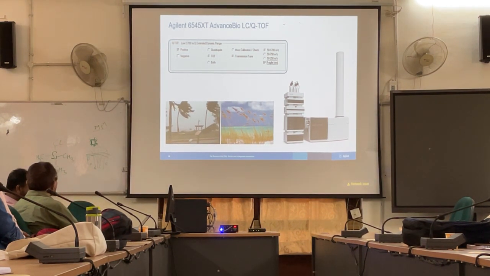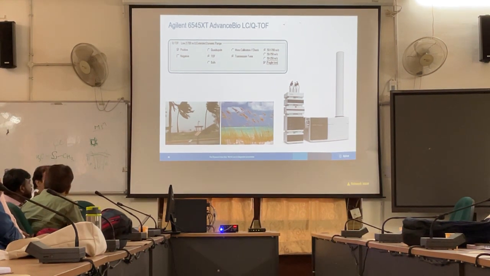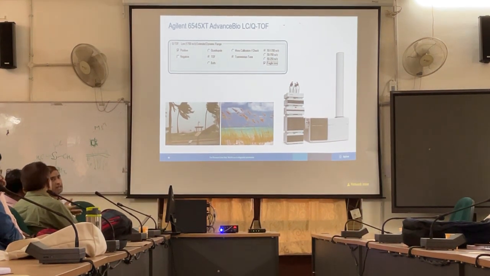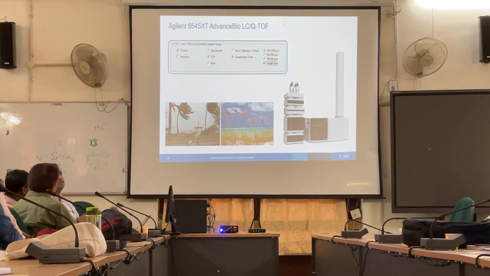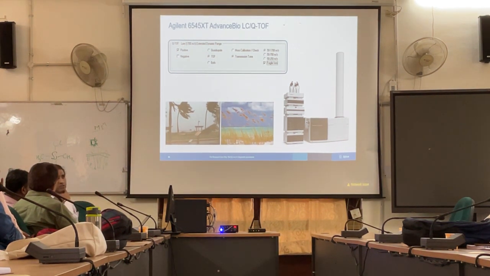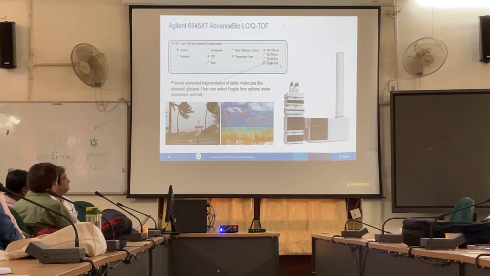You will put in some known masses, you will change the voltages. After changing the voltages, you will see the effect. And then you will establish that these are the best conditions for the instrument, and then you start your unknown analysis. So that you are assured that if there is a detection, it is a detection from the sample by the instrument.